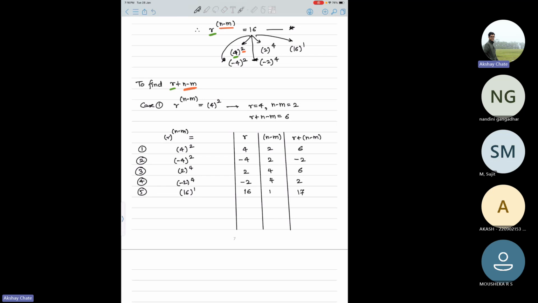So now, can you tell me the smallest possible value? In which case do we get the smallest possible value, by looking at this table? Anybody?